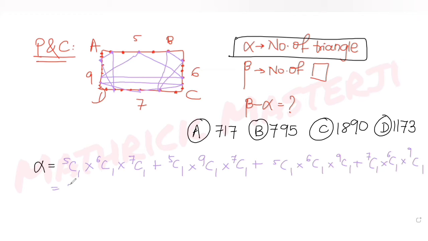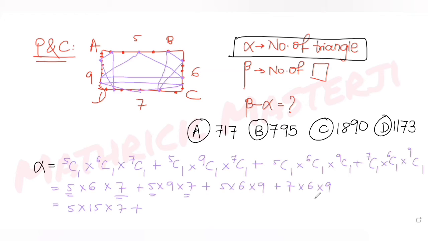So what I get here is 5 into 6 into 7, 5 into 9 into 7, 5 into 6 into 9, and 7 into 6 into 9. From the first two I get 5 into 7 common, so 9 plus 6, which is 15, giving 5 into 15 into 7.